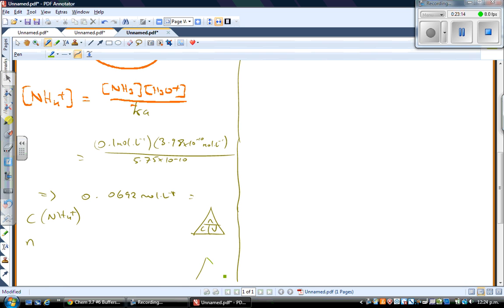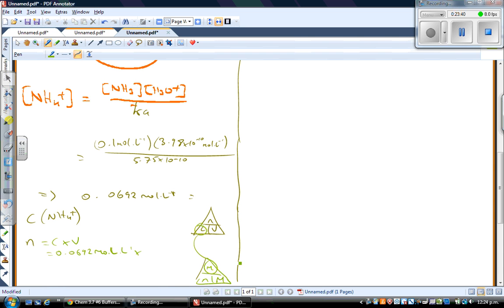We also have time molar mass. So what you're trying to do is get from here to here. Moles from the first situation will be the concentration times the volume, which will be 0.0692 moles per liter.